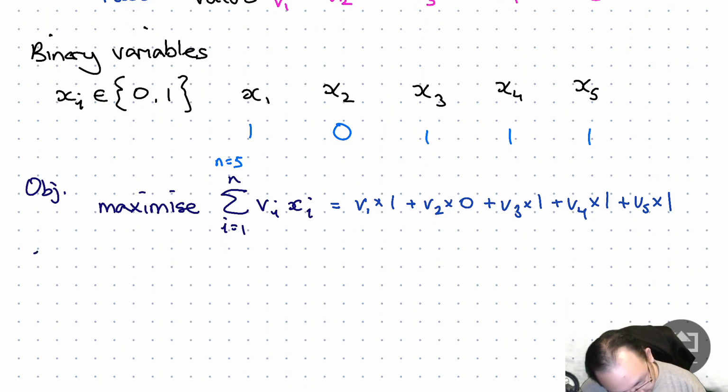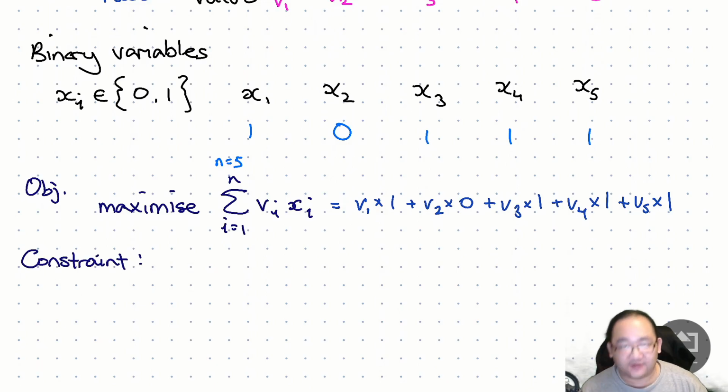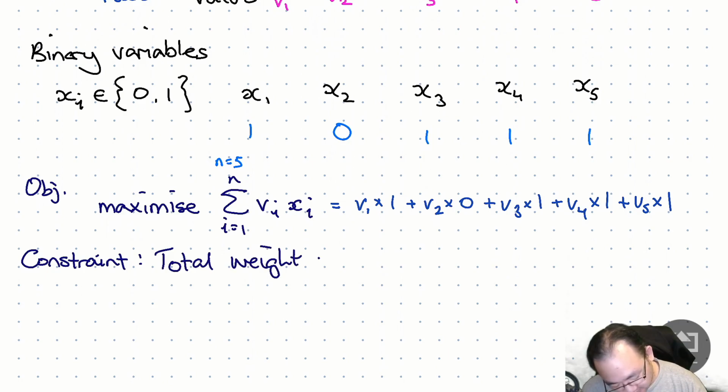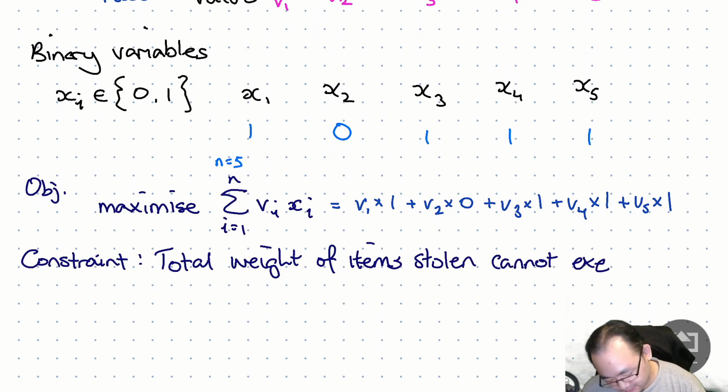So the constraint. In this case there's only one constraint. The total weight of items stolen cannot exceed the knapsack capacity.